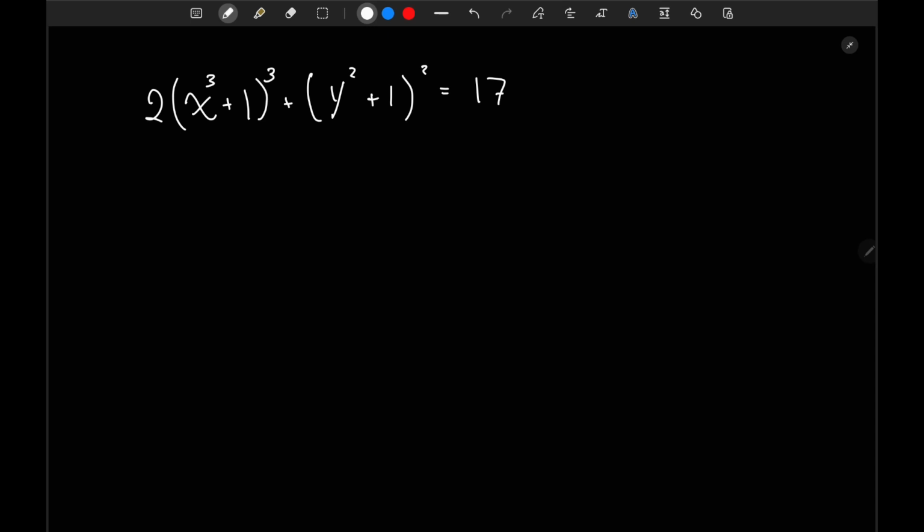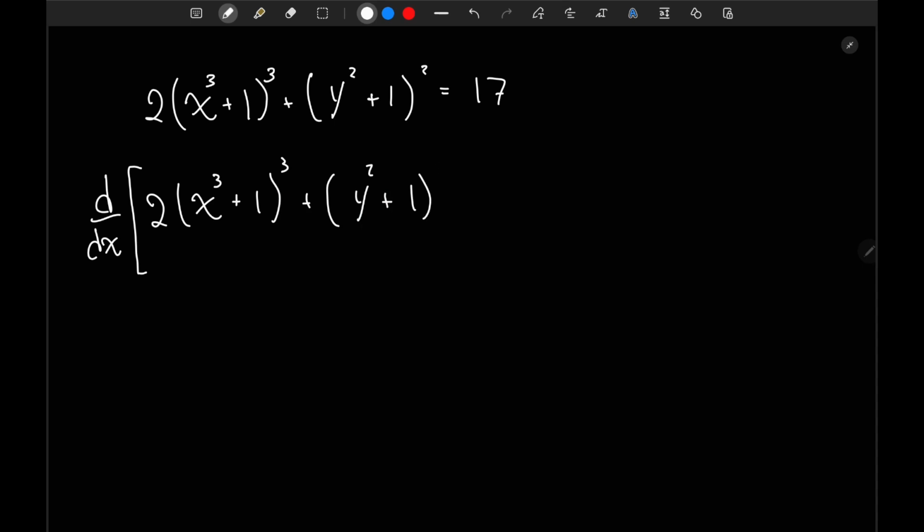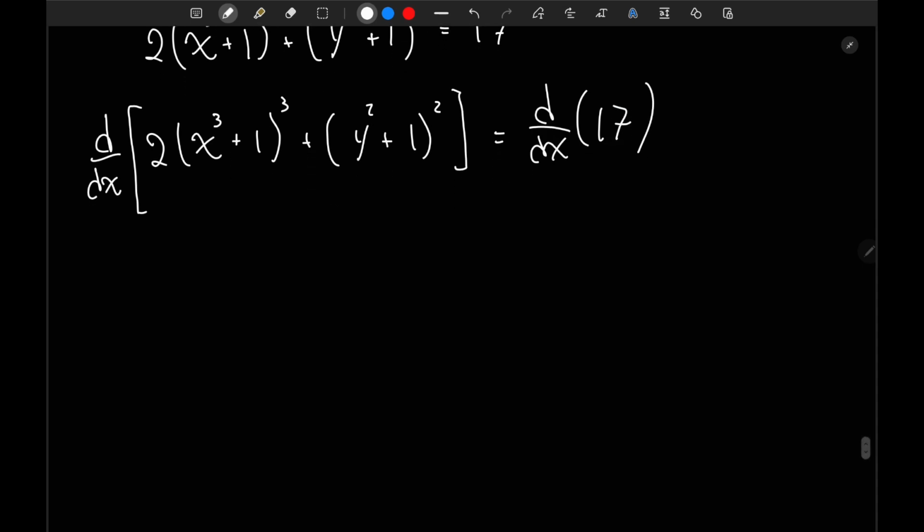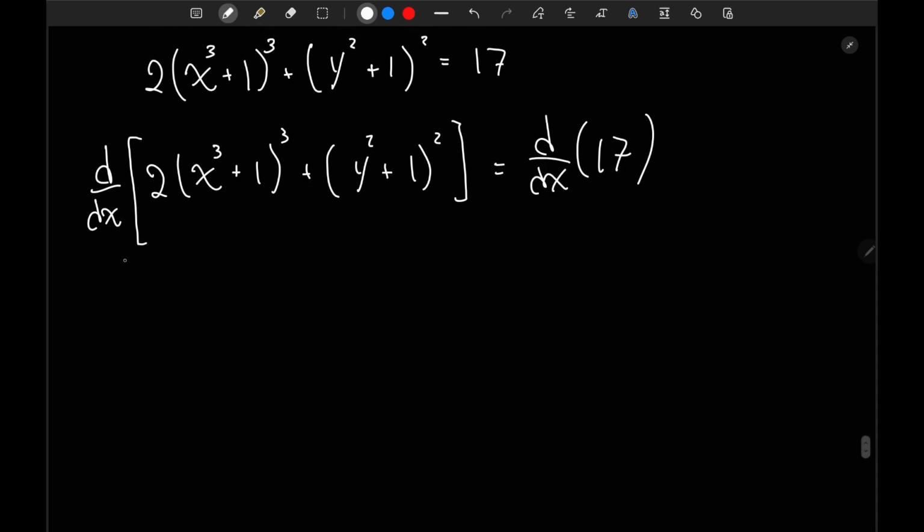So we start out by taking the derivative with respect to x of each side. I'm actually going to make this a square bracket. And now we just have to go through and evaluate this every time.